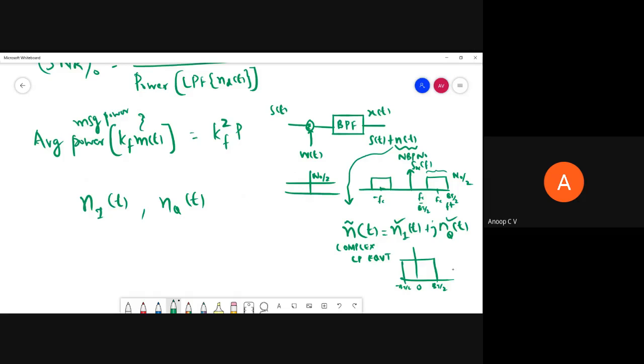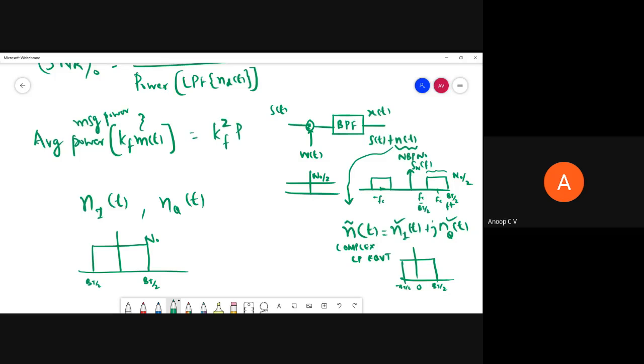So we have this ni of t and nq of t, which have a power spectral density that will be like this, from minus Bt by 2 to Bt by 2, with a value equal to N naught.